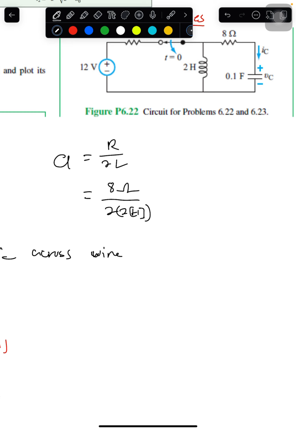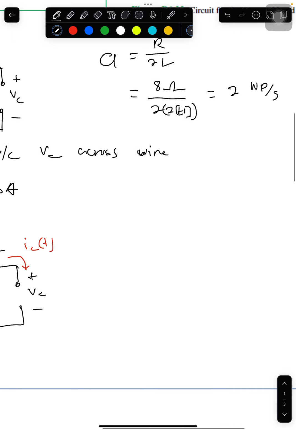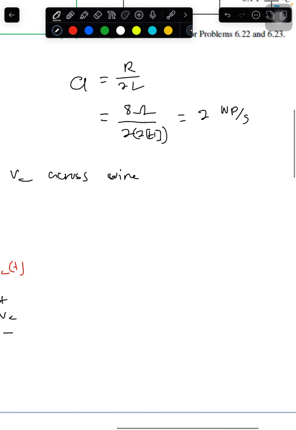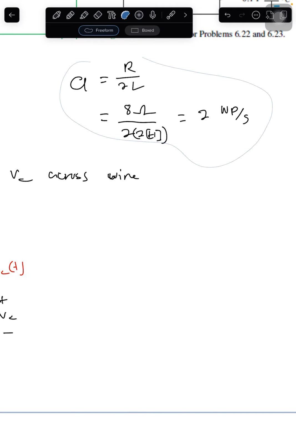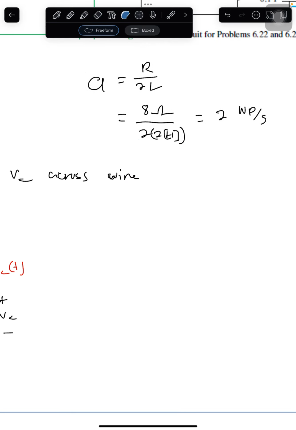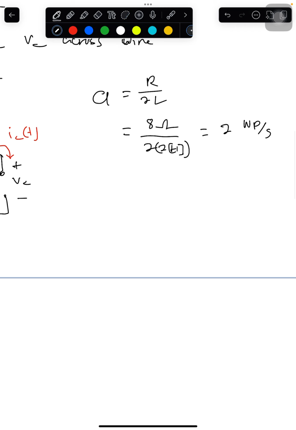With the inductance in Henrys, that's really going to equal 2. And then after that, we're going to go ahead and find omega.